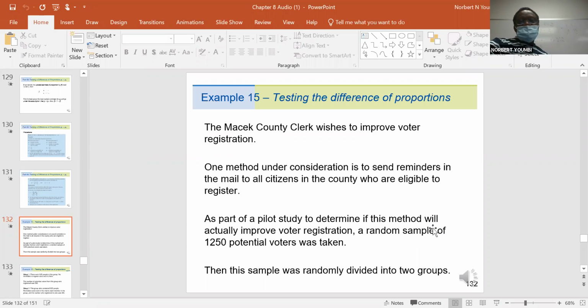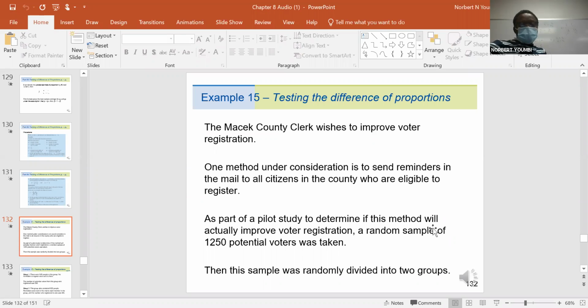The Macha County clerk wishes to improve voter registration. One method under consideration is to send reminders in the mail to all citizens in the county who are eligible to register. As part of a pilot study to determine if this method will actually improve voter registration, a random sample of 1,250 potential voters was taken.